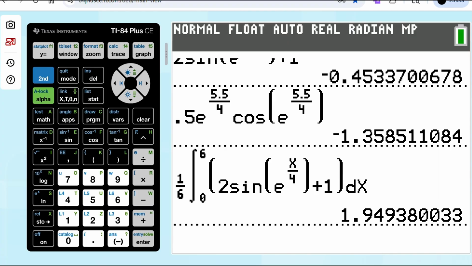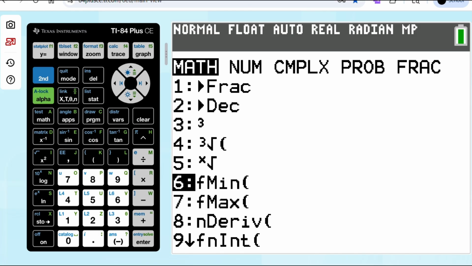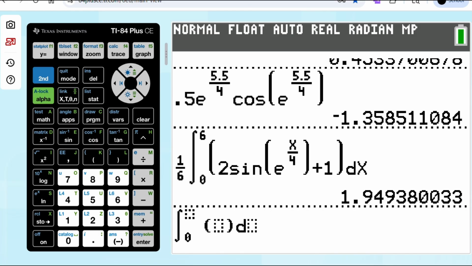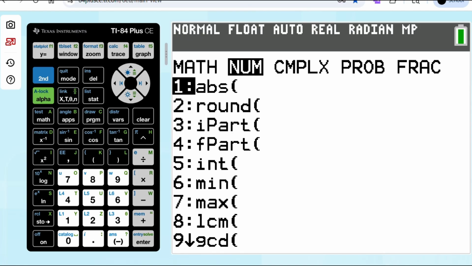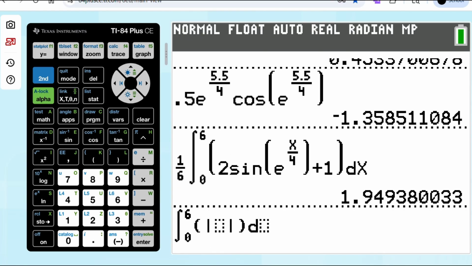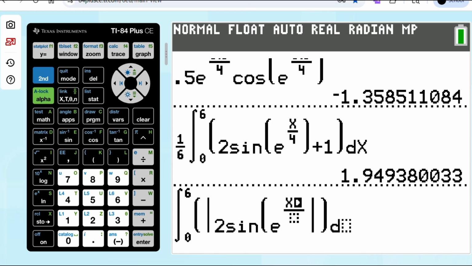So again, we're going to just do math, and option 9, and you can just hit the 9. You don't have to scroll down. We're going to integrate from 0 to 6, and then you need to know how to do absolute value on your graphing calculator. So you'll hit math, go over to the second column, and it's just option number 1, ABS. And then we're just going to put that same function in there, 2 times the sine of e to the x over 4.